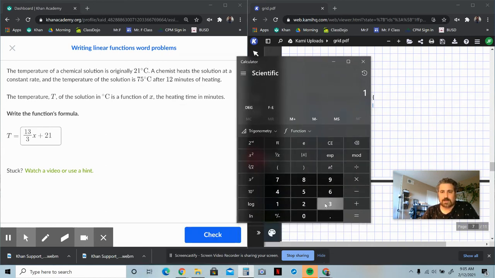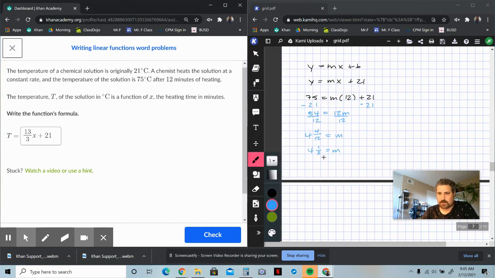So 13 times 12 is 156, divided by 3 is 52, and then 52 plus 21 is 73. We want it to be 75, so I must have made a boo-boo. So what did I do wrong here?